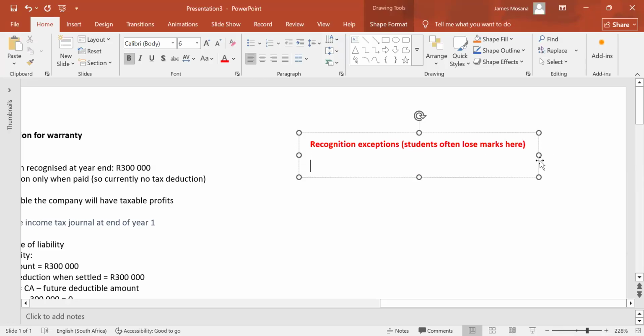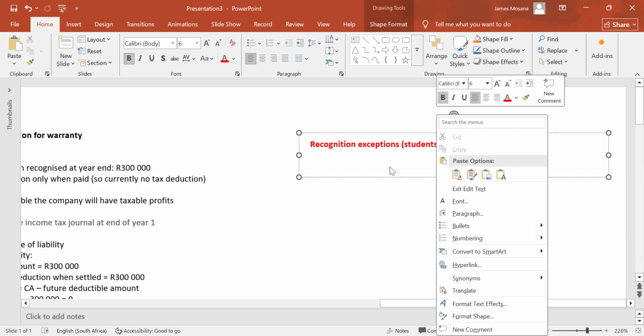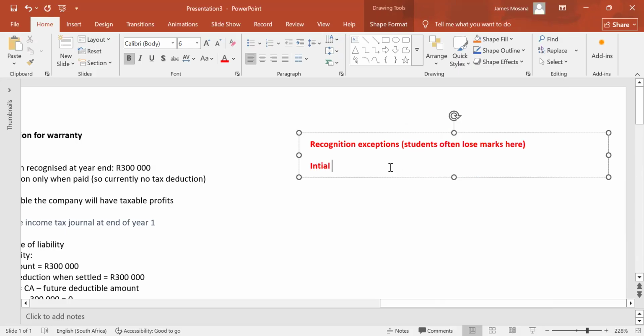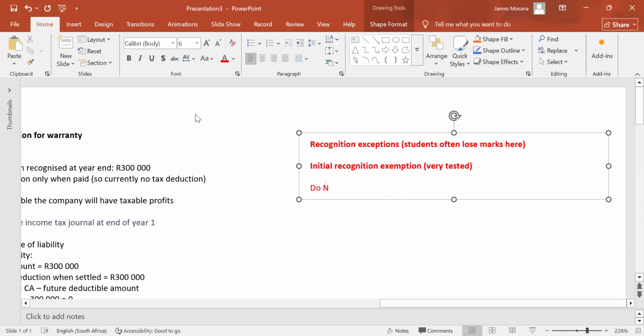So if we look at initial recognition exemptions, just to take note, this is highly tested, right?